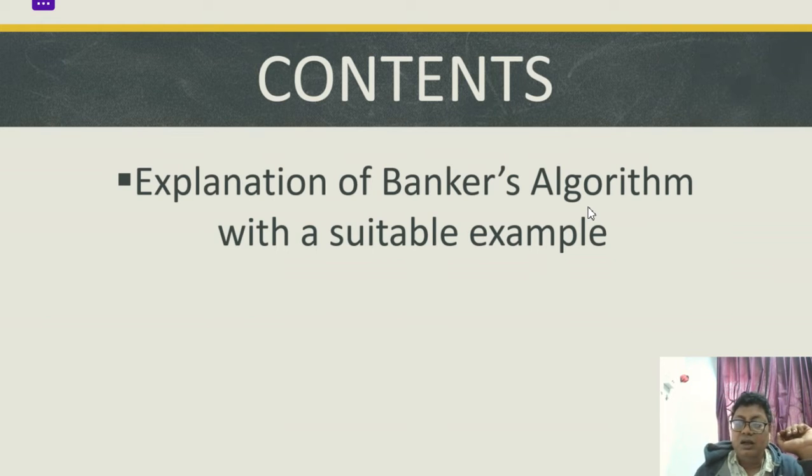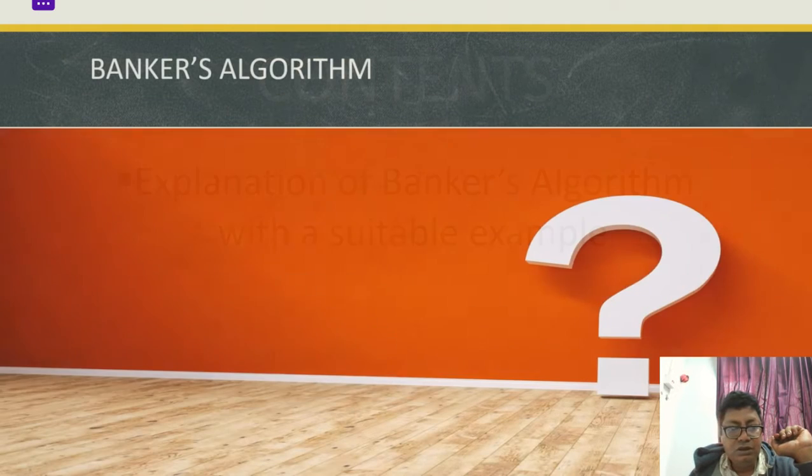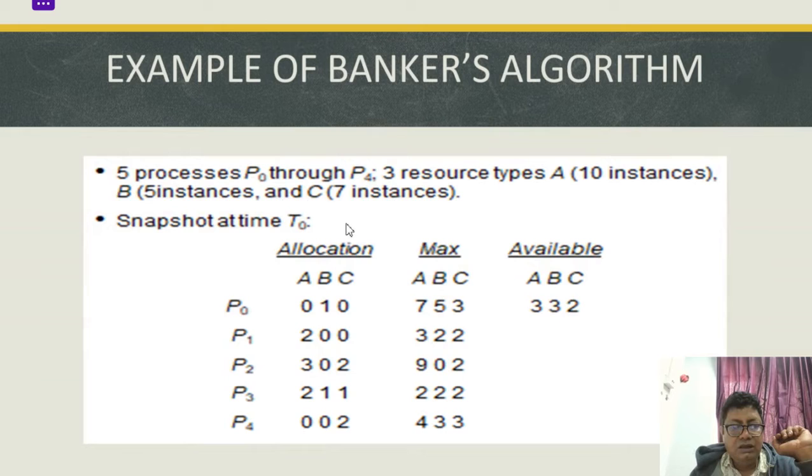Okay. Now let me elaborate that concept with an example. This is a common example in many textbooks, and it is easily available. Here there are five processes: P0, P1, P2, P3, P4.